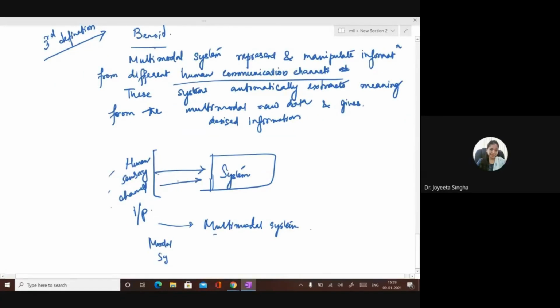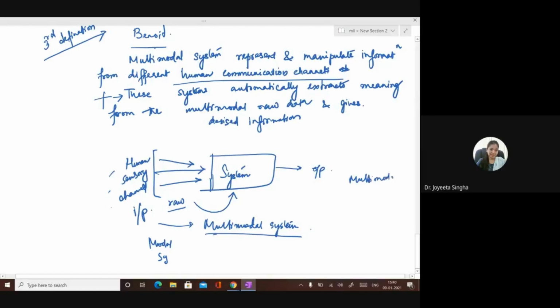And if you are using multiple human sensory channels, we call it a multimodal system. So what Benoit said is that if a system has multiple inputs as human sensory channels, and the system extracts meaningful information from the raw data and gives the desired output, then this smart system is what we call a multimodal system.